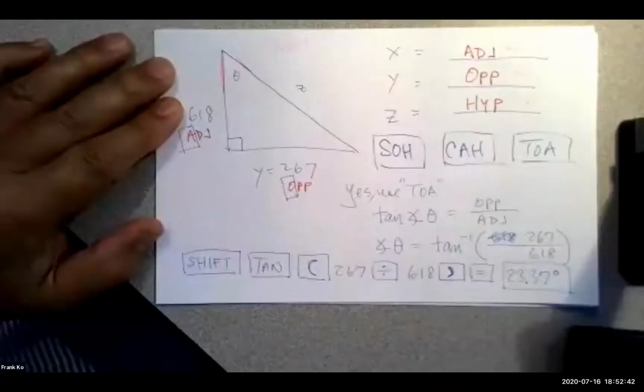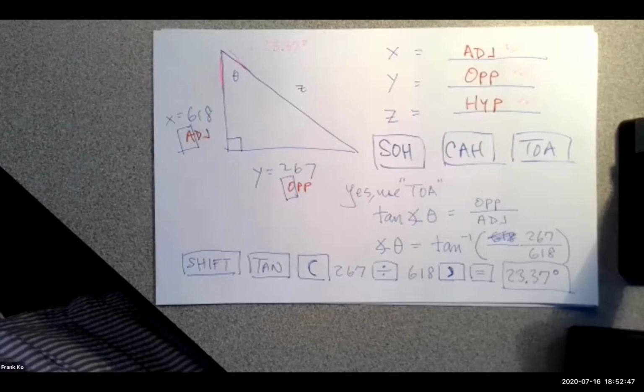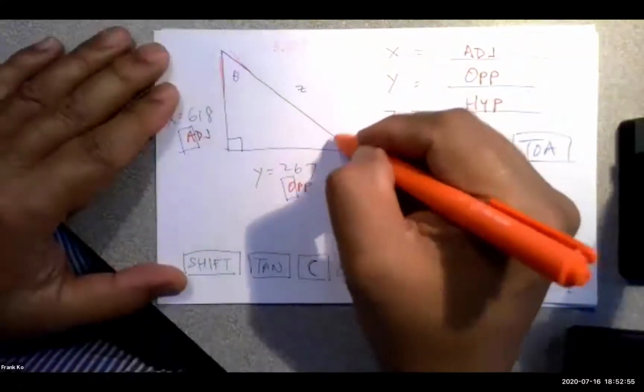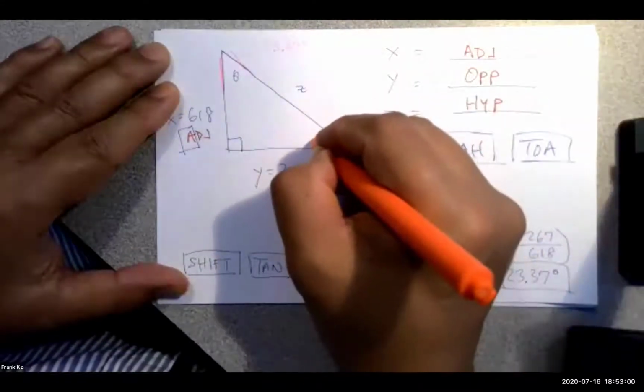Minus 23.36, 23.366666, yes. And then what does that give you? What would be the result? It would give you this other angle over here. And this one we will call alpha.